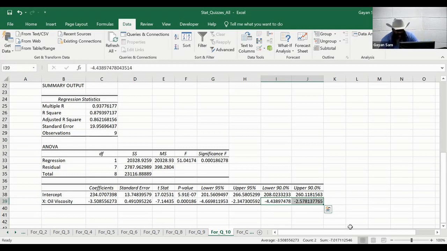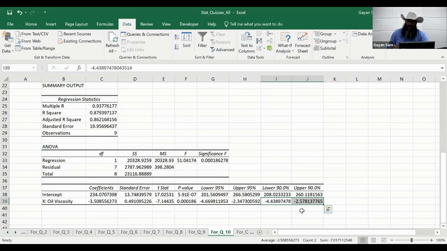So the 90% two-sided confidence interval for the slope is from negative 4.4389 to negative 2.5781. That means what should be your 95% lower confidence interval? The 95% lower confidence interval should be from negative infinity up to negative 2.5781.